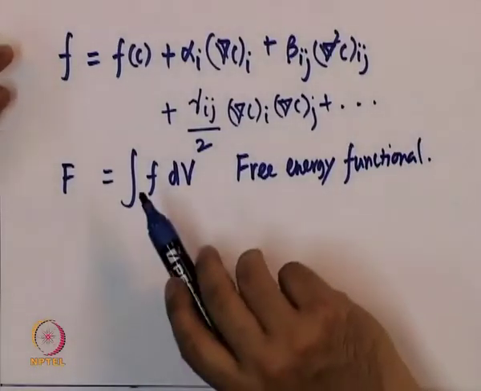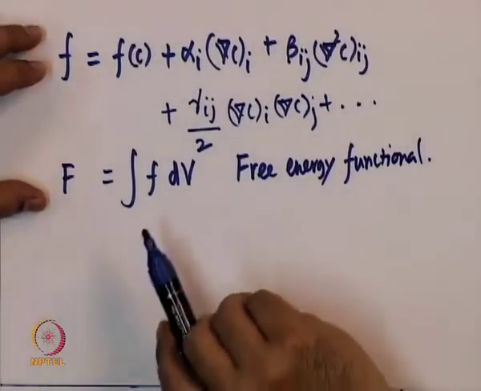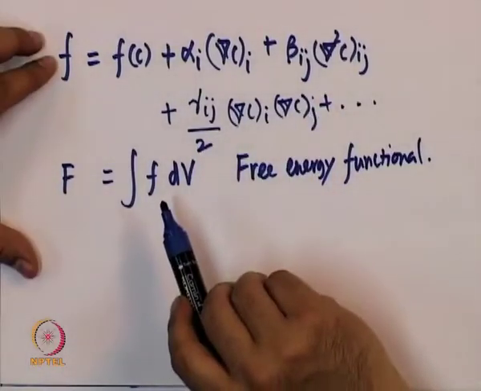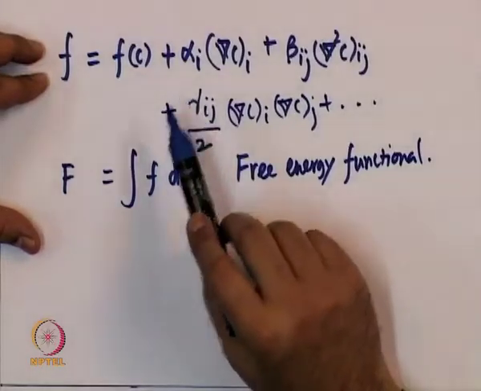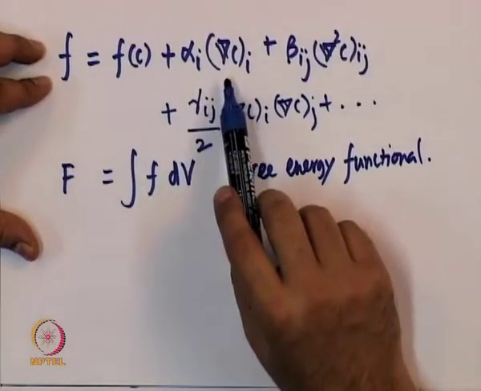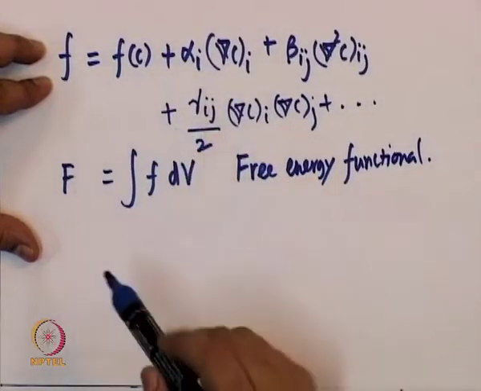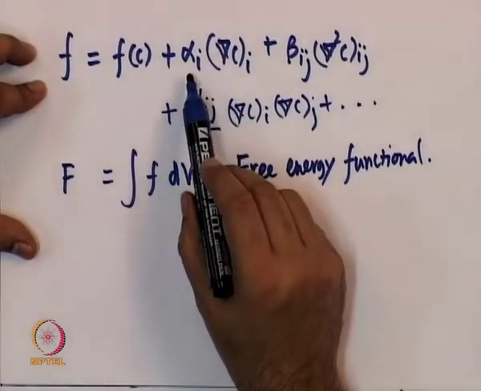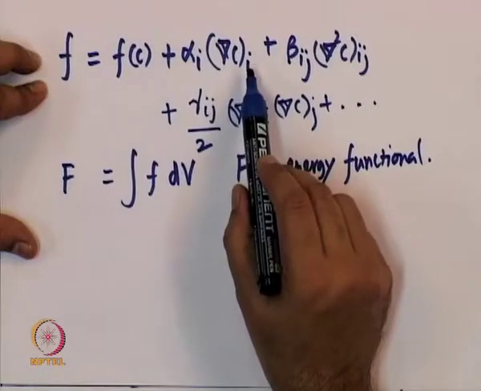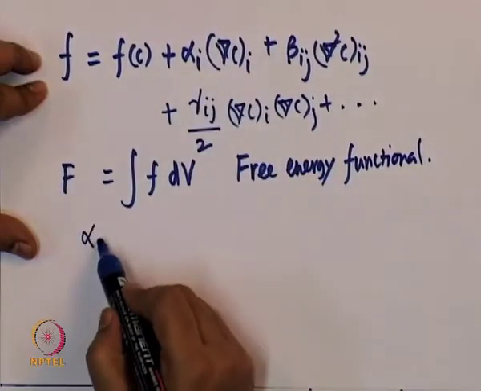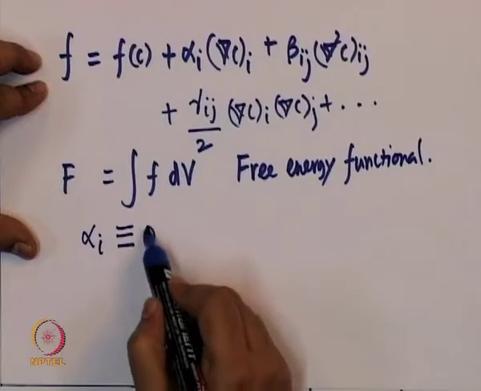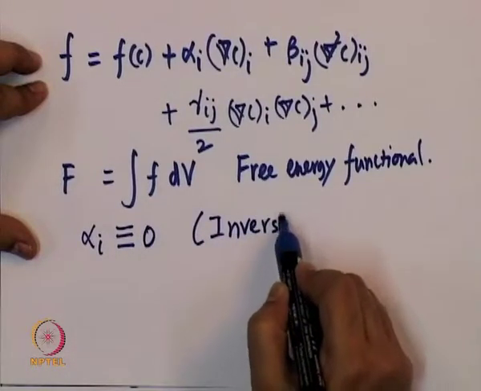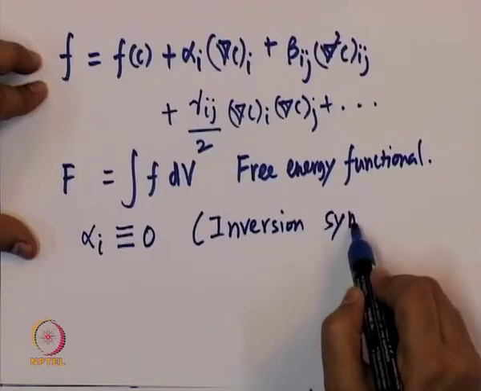Now, we are going to use some of the properties that we have learnt about tensor properties and their representation in crystals. First thing to assume is that we are in systems in which there is a center of symmetry or inversion symmetry. So, all odd rank tensors in such systems are going to be 0. So, alpha i is going to be 0 because I am assuming inversion symmetry.